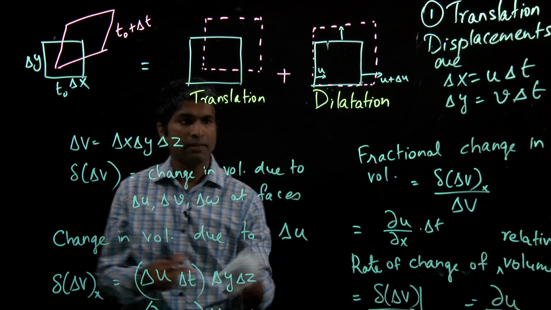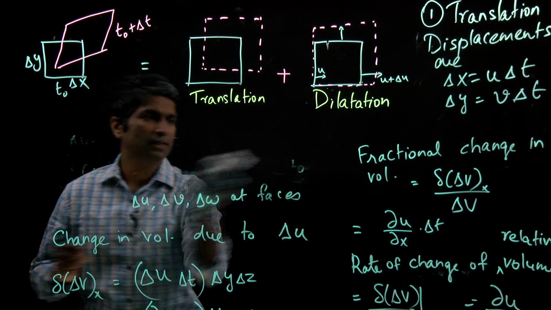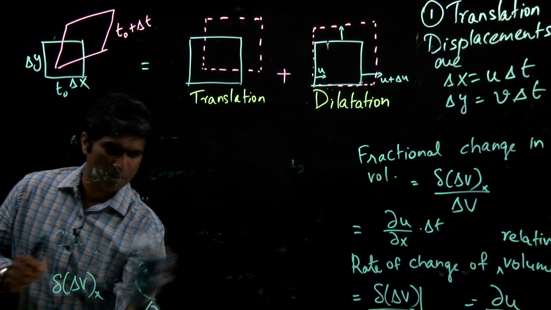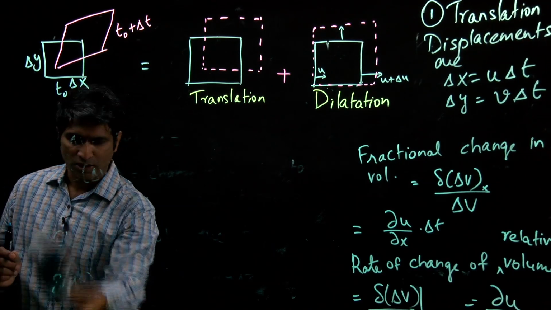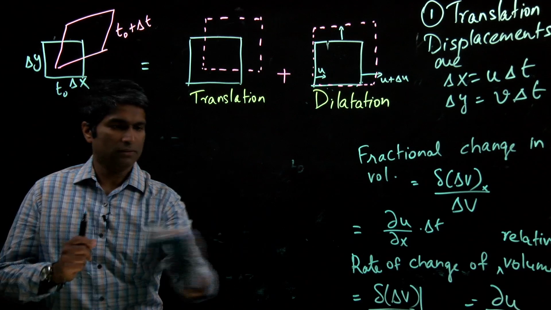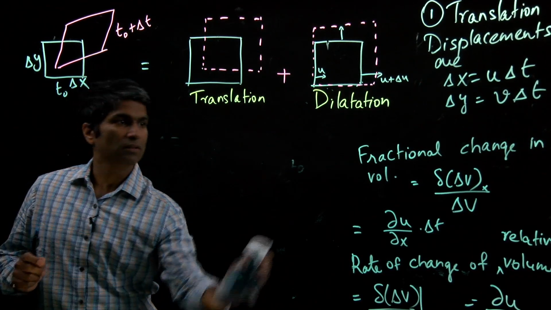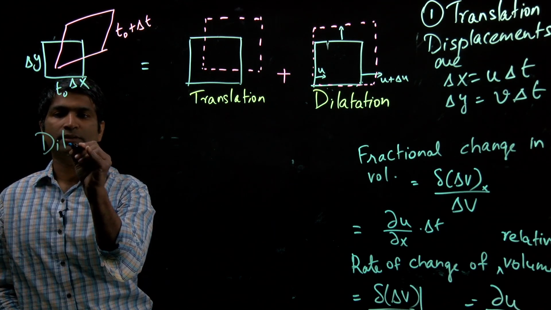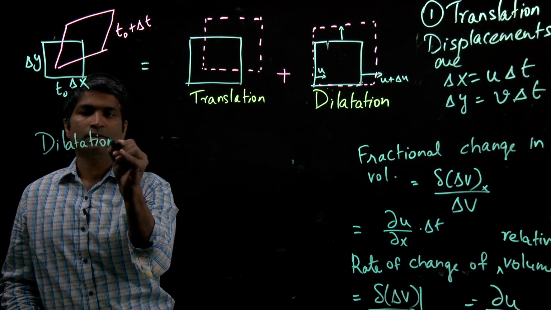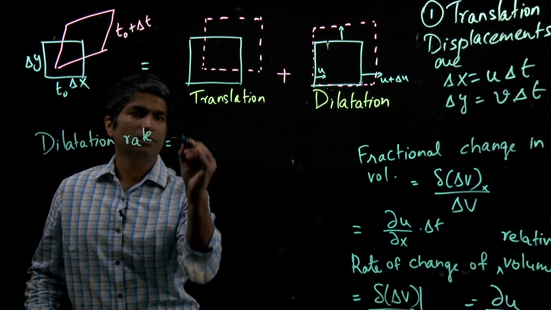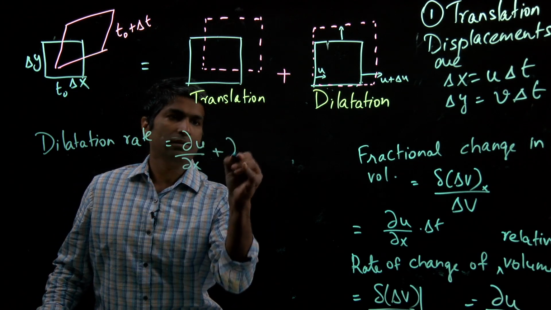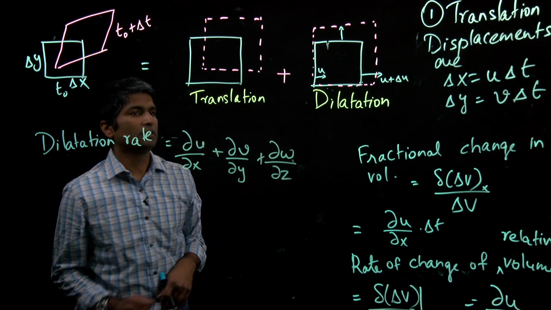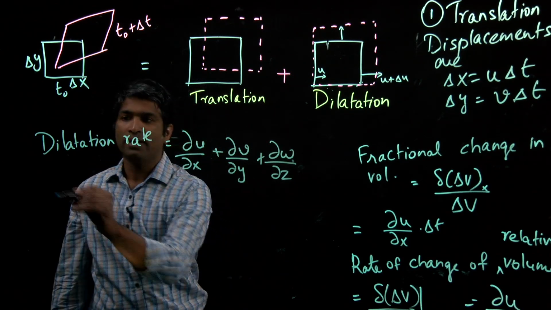So my total rate of change of volume in all three directions would be the sum of the partial derivatives of the velocities in the three directions. And so I would get the dilatation strain rate. So that takes care of dilatation.